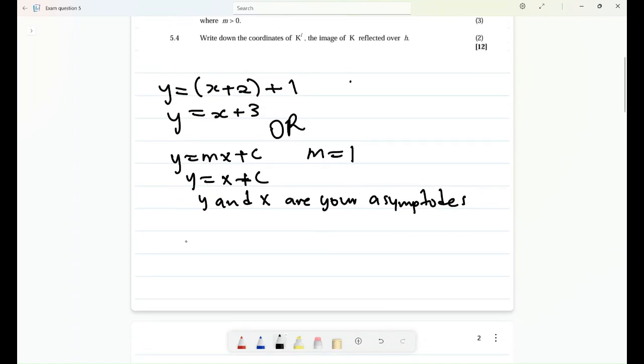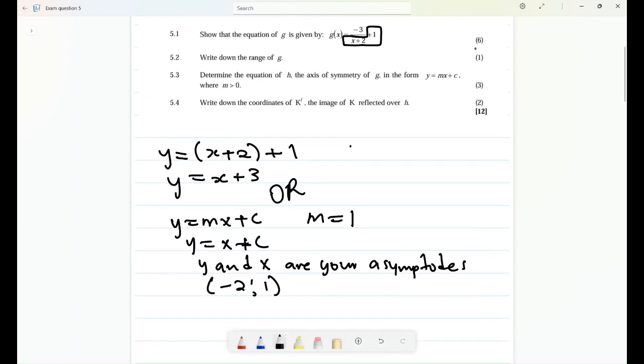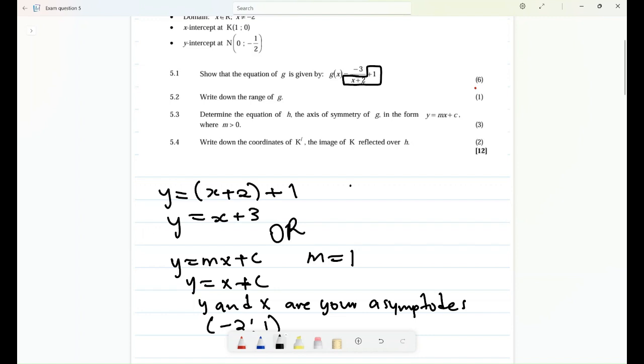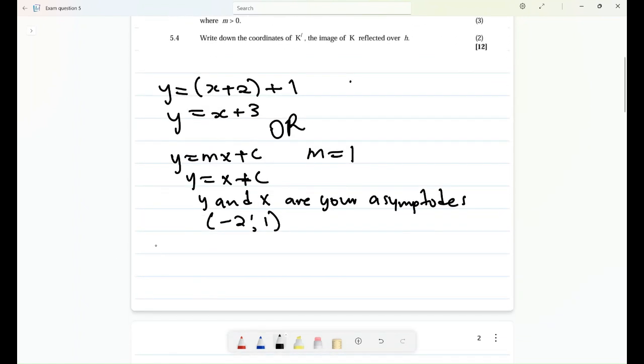Now, what are my asymptotes? My asymptotes are x equals -2 and y equals 1. Why am I saying that? X is equal to -2 when I solve for this one, then y is equal to 1 when I solve for that one, the vertical and horizontal asymptotes. Then I substitute into this formula: y is 1, which is equal to -2 plus c.